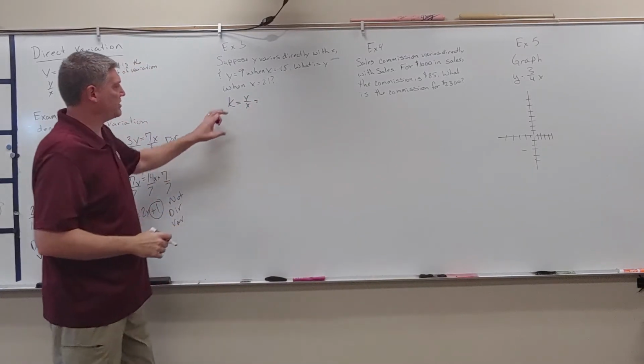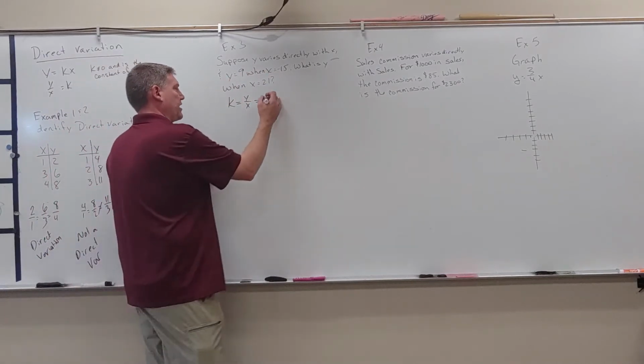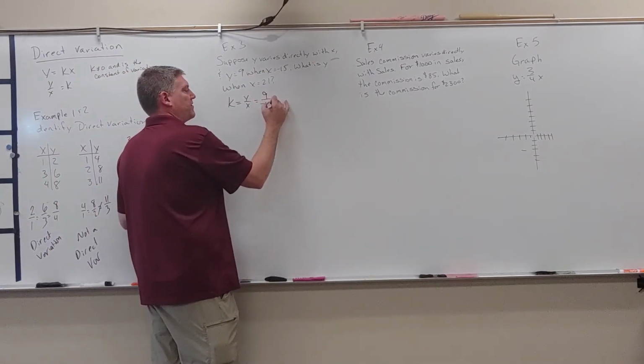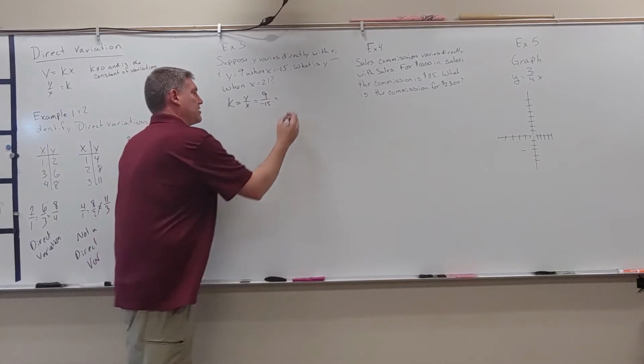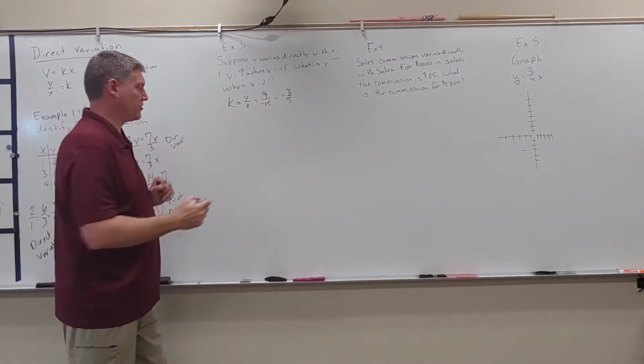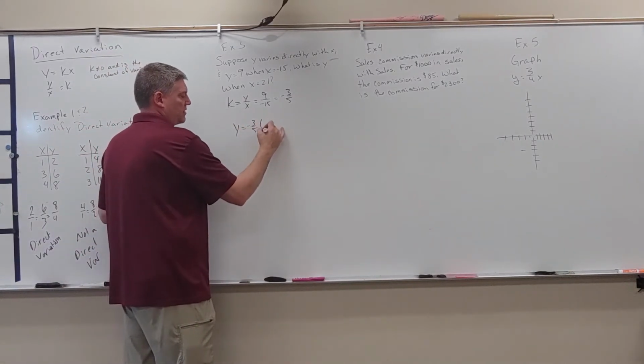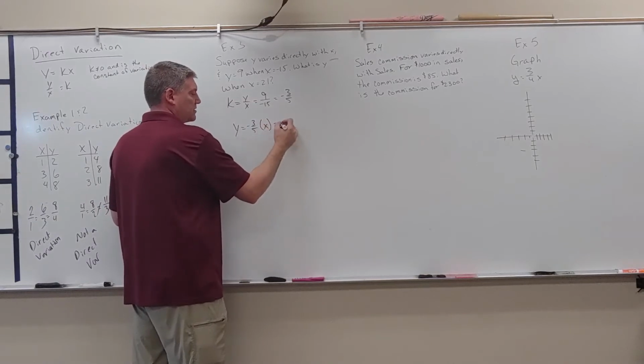So we're going to take our first x and y coordinate, negative 15 and 9, and plug it in. So 9 over negative 15 reduces to negative 3/5, and there's my k. So now my equation becomes y equals negative 3/5 times x.